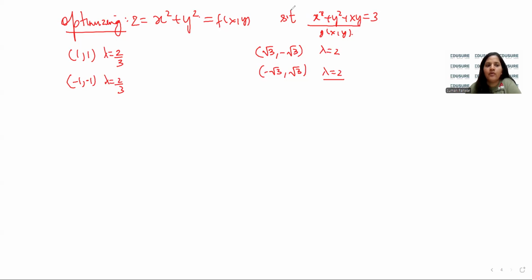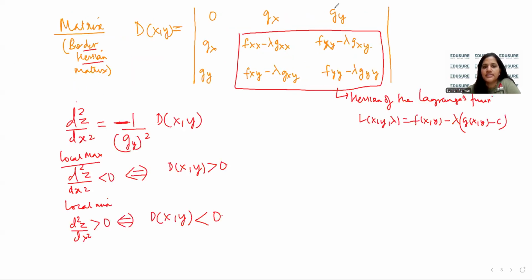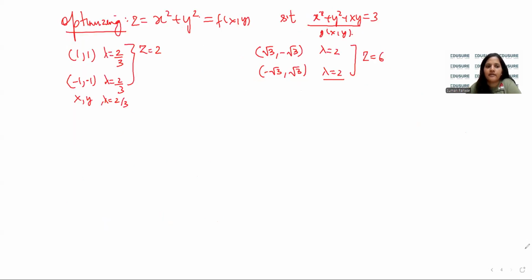So now this is my x, this is my y, and this is my lambda equals 2 by 3. Let us try to see whether we got local minimum or not. You can see that z equals 2 here, and over here z is equal to 6. So we can check for one of the points. So this is our matrix. First of all, we will make D of xy.